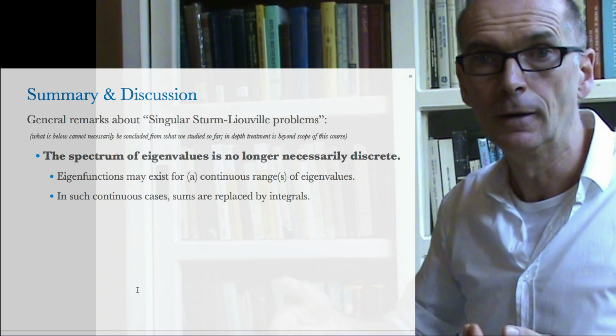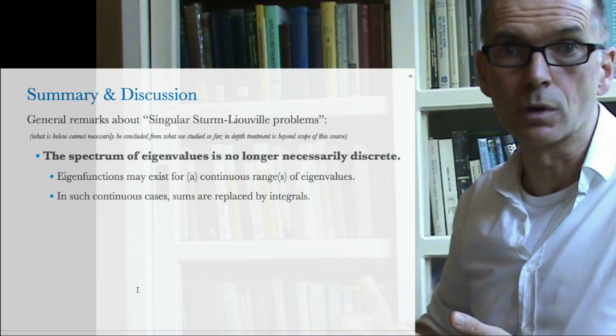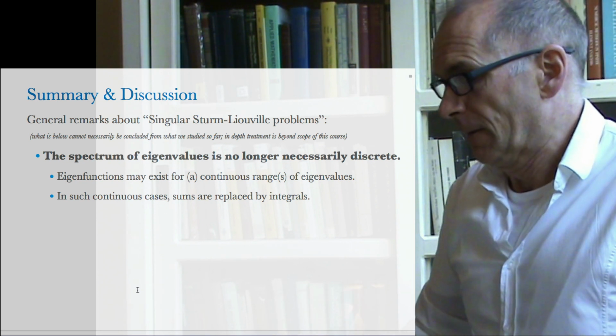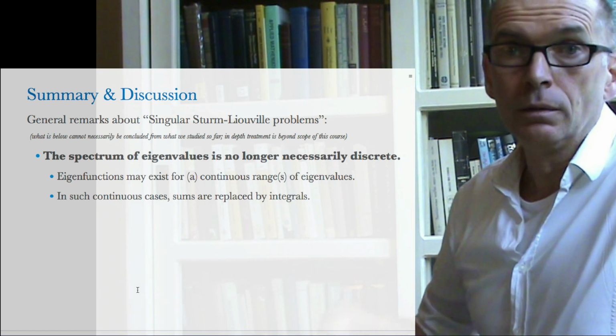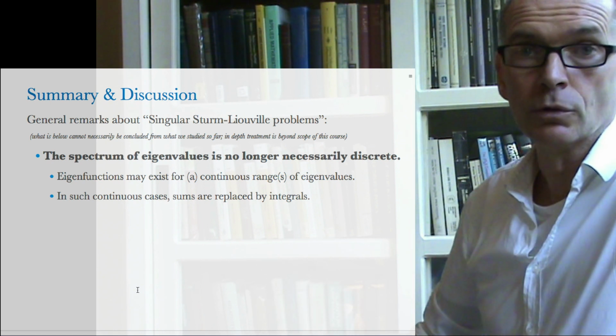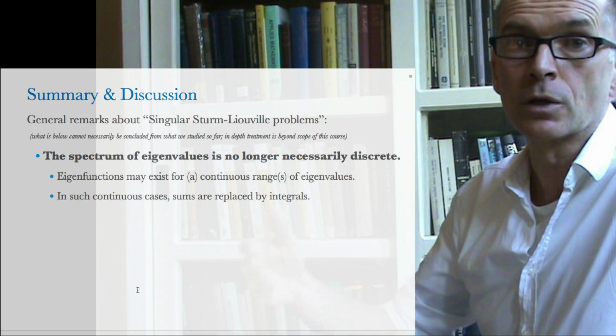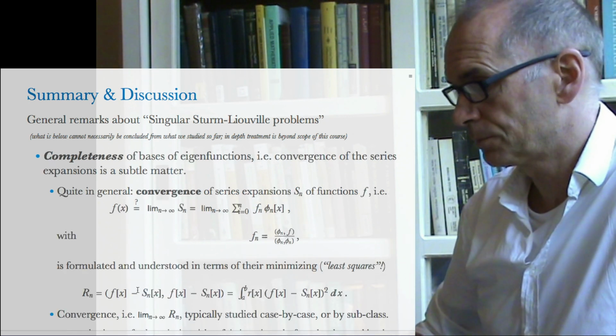Something similar would happen here, but we will not go along that road. We have to stop somewhere, and that is now. But that is what happens if you push the boundaries of Sturm-Liouville problems even further and go and explore those continuous ranges of eigenvalues.